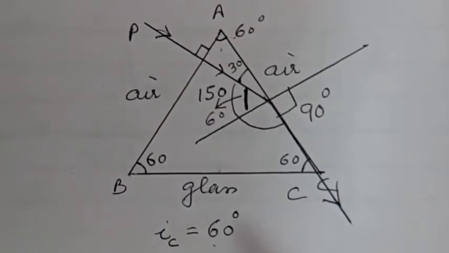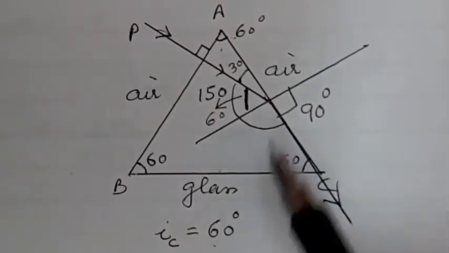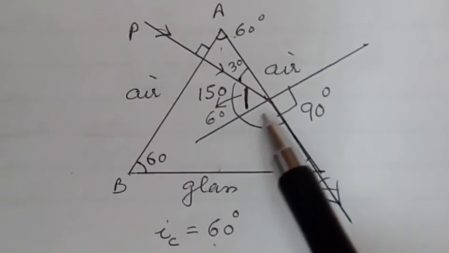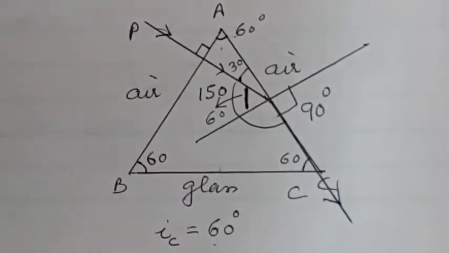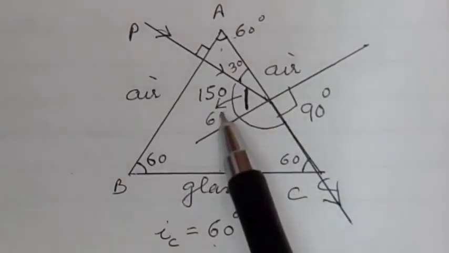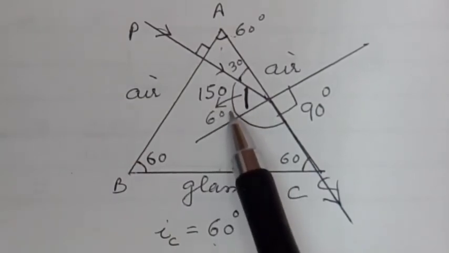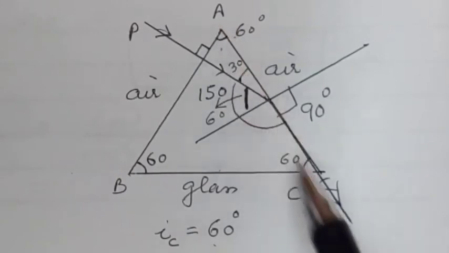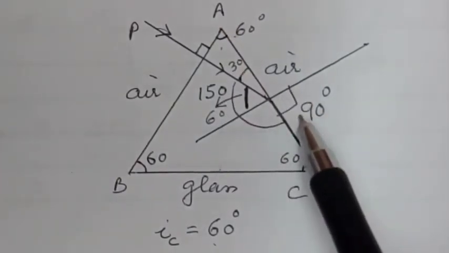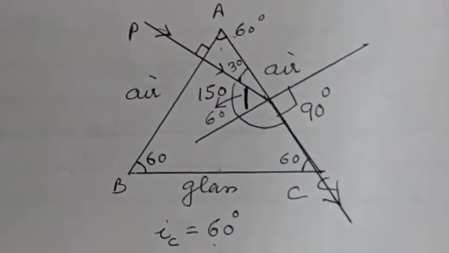The same question can be asked, and if the critical angle is 42, then it will go down here as we did before. But in a very tricky situation, instead of giving the critical angle as 42, they might give 60. So here the angle of incidence is 60. The ray will go along the edge, around the side refracting surface AC, so that the angle of refraction is 90 degrees.